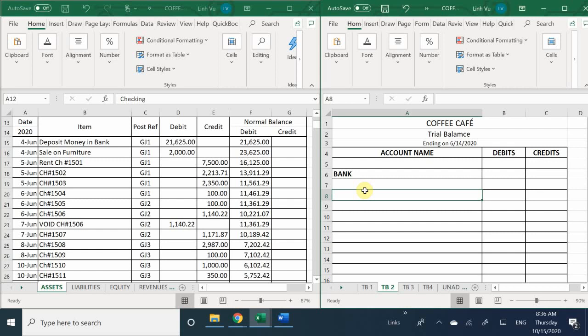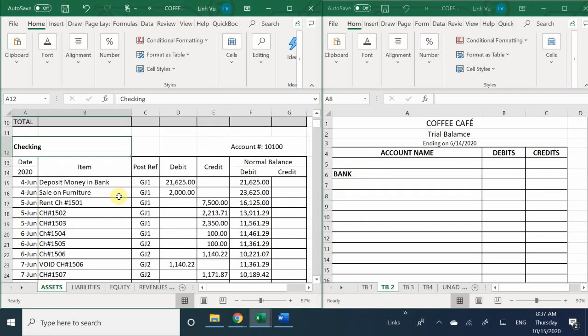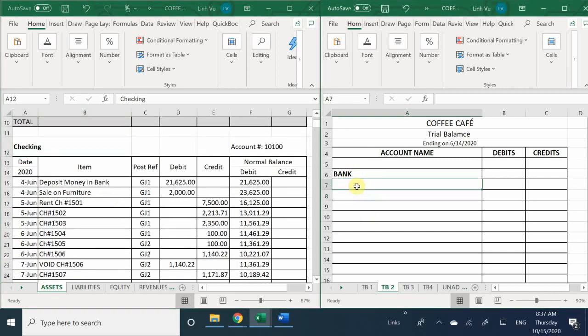But in this case, let's practice and do one thing slowly at a time. So here I have my main account. I'm going to break that main account into the smaller accounts. My first sub-account under bank is going to be checking.